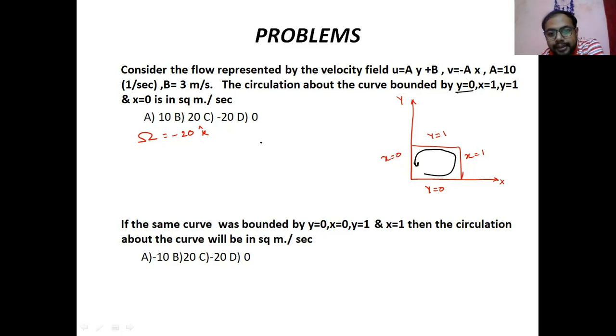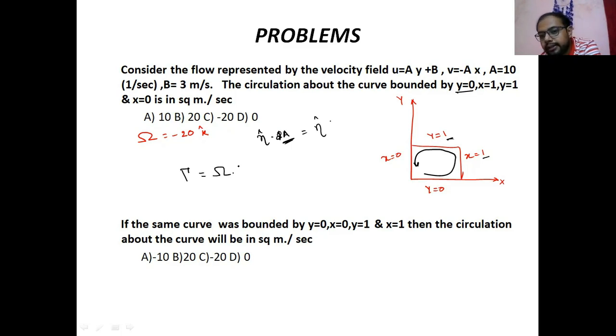So hence it will be n dot dA. n dot dA is nothing but the total area of the rectangle. A is simply 1 into 1. This is 1, this is also 1, y equal to 1, x equal to 1. So A is 1.